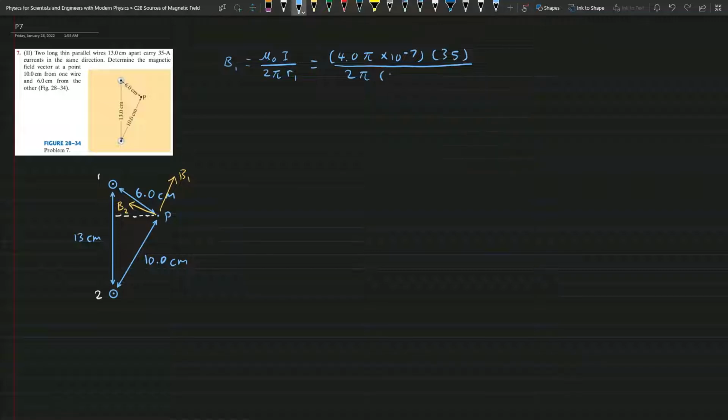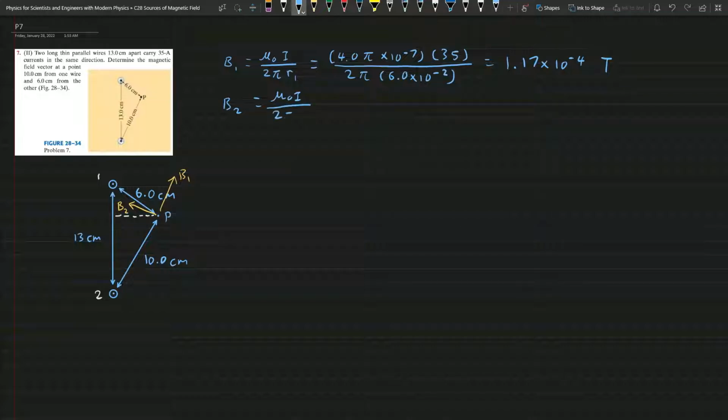This R1 is 6.0 times 10 to the negative 2. Here I get 1.17 times 10 to the negative 4 Tesla. And we do the same for B2.